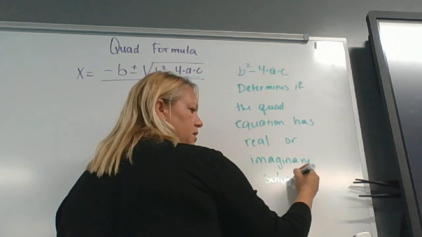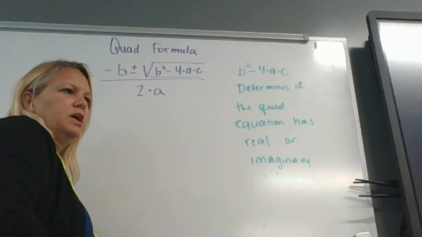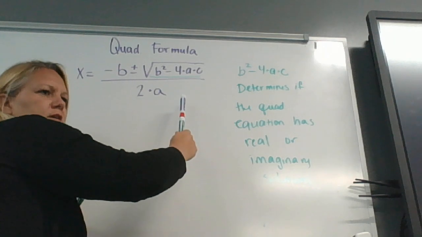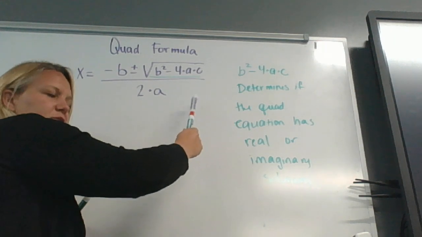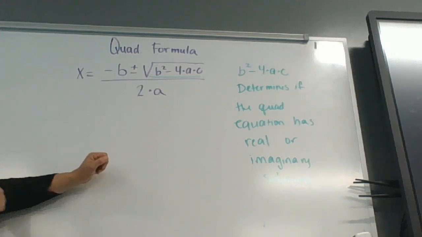Which part is it, Gerard? What part determines if it's real or imaginary? This whole big long equation. What part of this whole equation determines if it's real or imaginary? The part I underlined, the b squared minus 4ac.